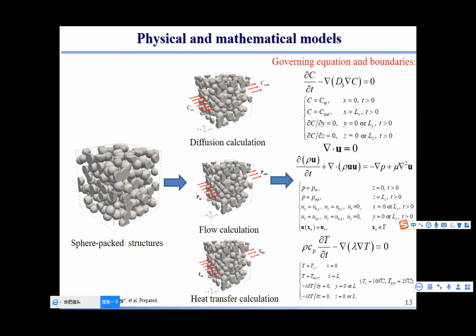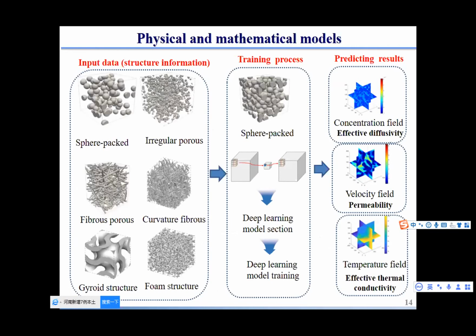However, if we want to know the performance of other structures, such as irregular porous, fibrous porous with curvature, whose ligament is always straight or can be curved fibrous, or some gyroid structures, or foam structures.